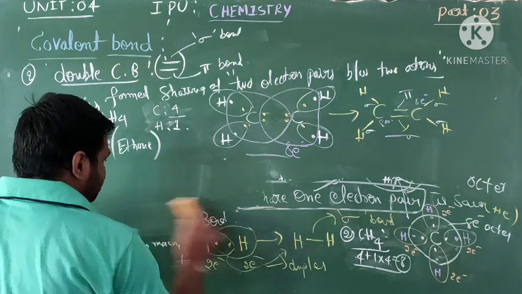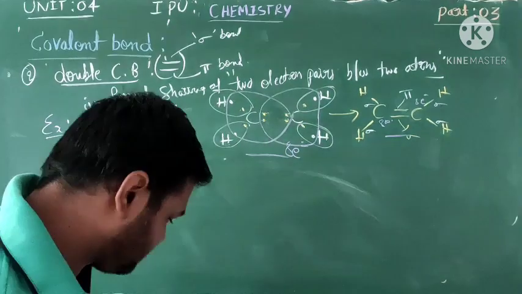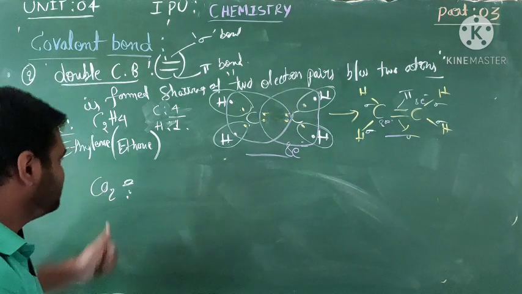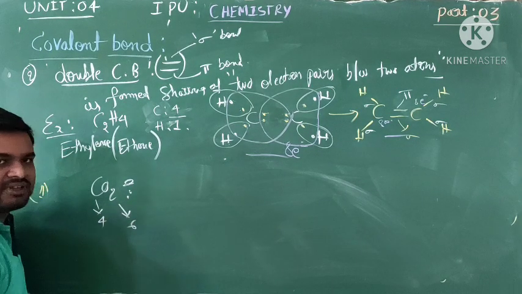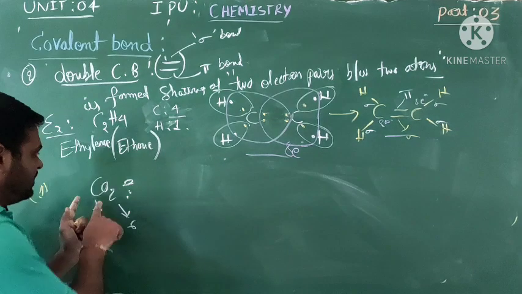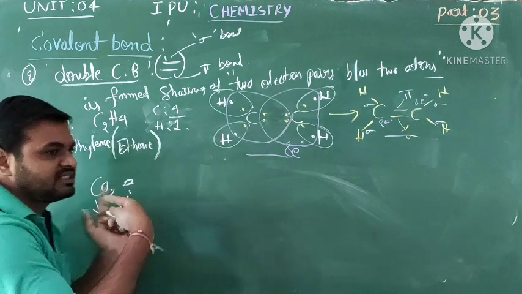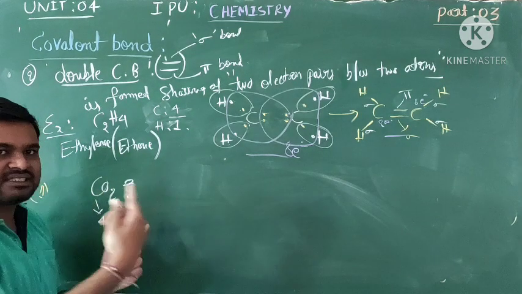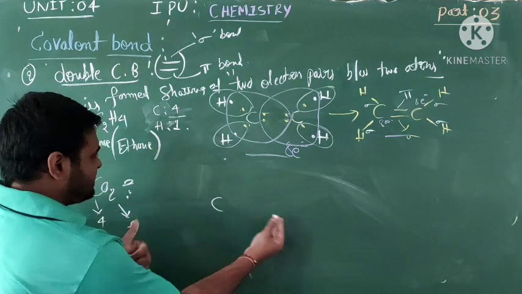Let me give one more example: carbon dioxide. Carbon has 4 valence electrons and oxygen has 6 valence electrons, sharing electrons. In detail we will discuss in the next lesson which one is the central atom. Here, the carbon atom is the less electronegative atom, so carbon is in the center and each side is oxygen.